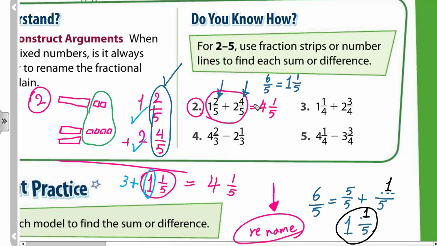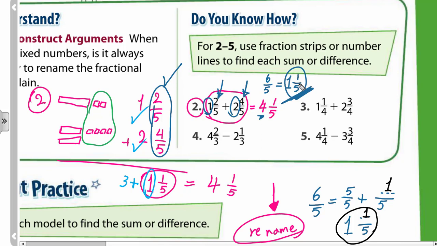And now add the whole numbers. You have here 1 and 2. 1 plus 2 equals? 3. Okay, add the 3 to this number that you have now. 1 plus 3 will be 4, and 1/5 as it is.